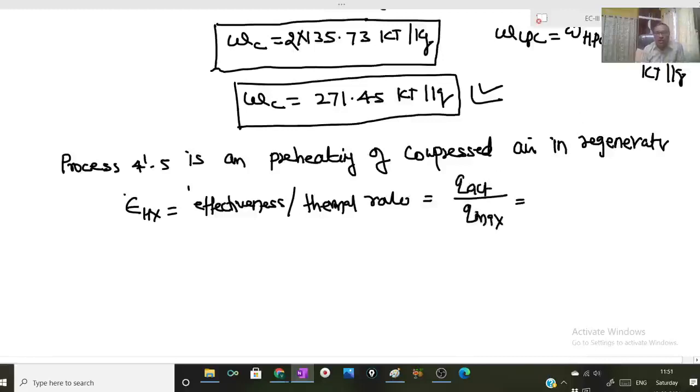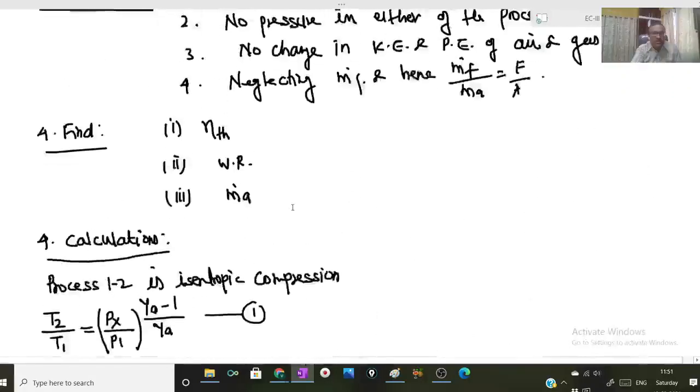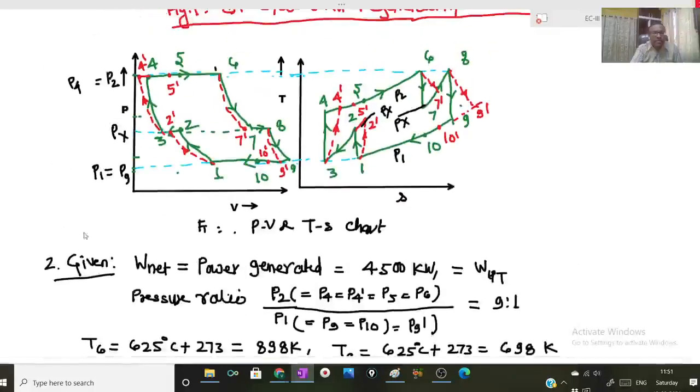What is Q actual? Let me get back to this diagram, PV and TS chart. T5 dash minus T4 dash.